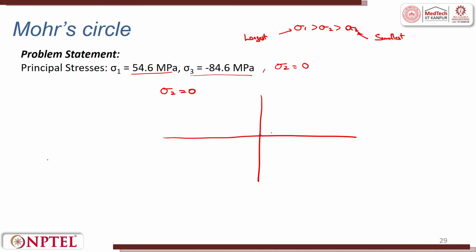In Mohr circle, you also know this principle that it is always negative shear stress above the normal stress, and below the normal stress line it is always positive shear stress.